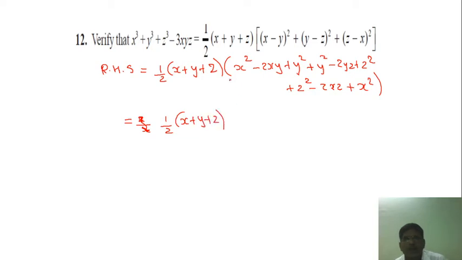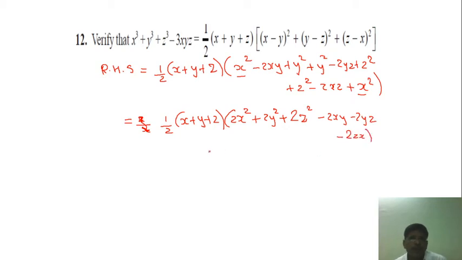Now x square is 2 times, so I have to write in the bracket 2x square. y is also 2 times, so 2y square. z is also 2 times, so 2z square. And 2xy, 2yz, and 2zx. Now, if you see all 6 terms have 2 common, so we take 2 outside.